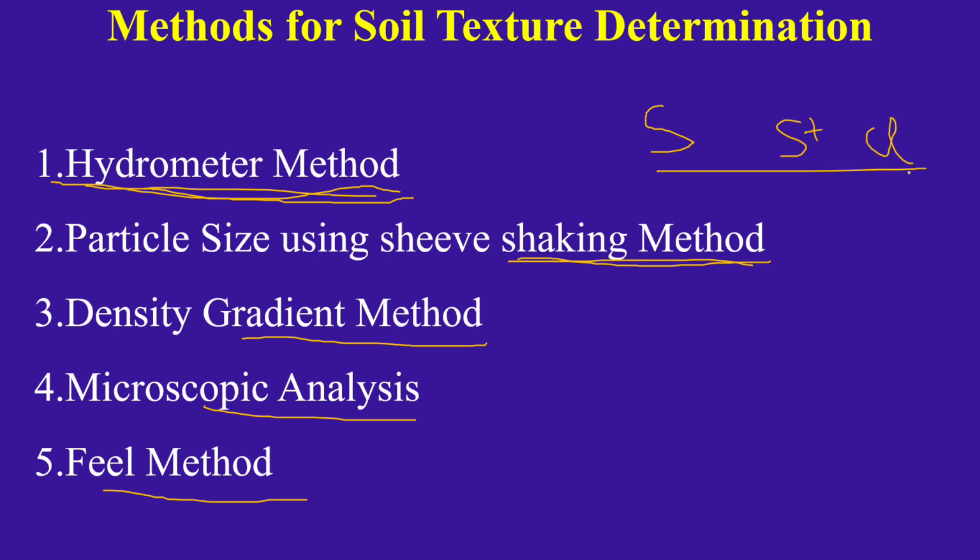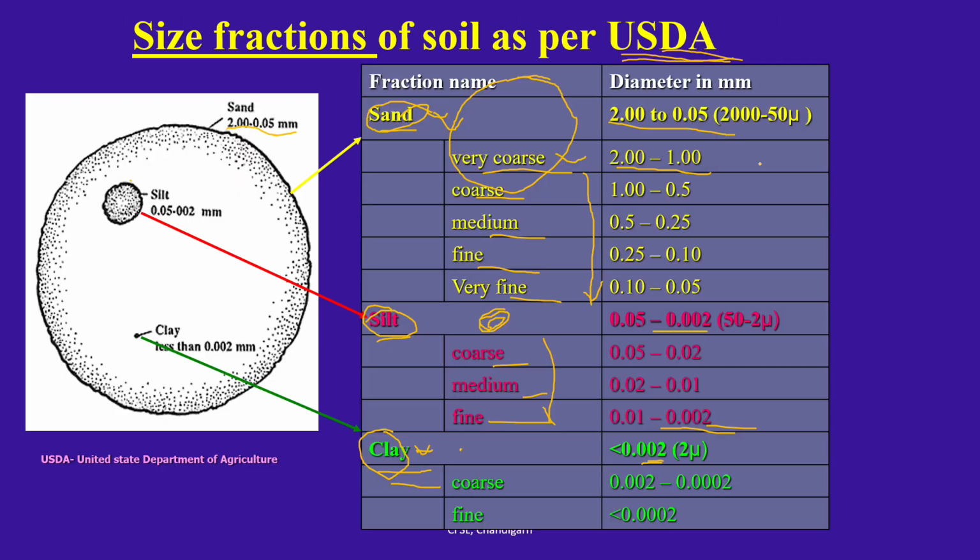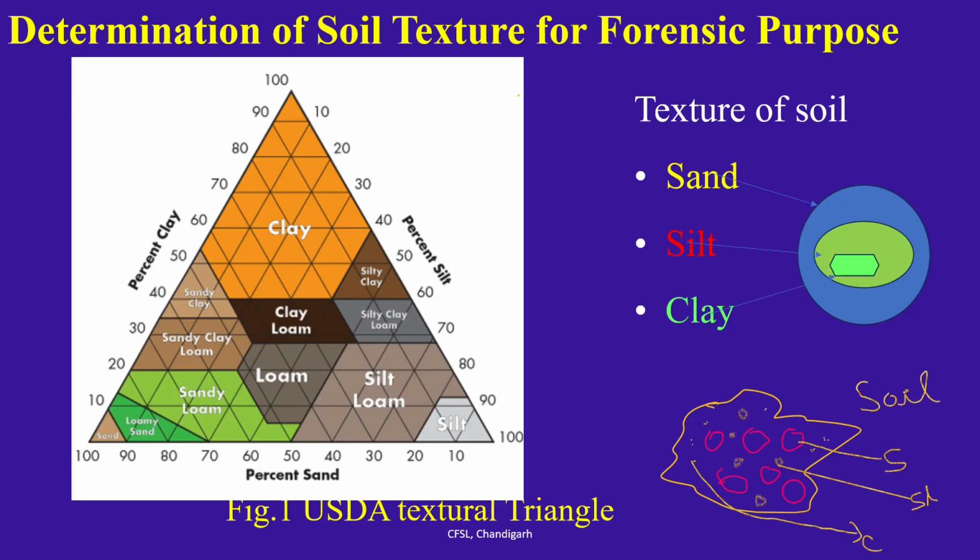In a separate video, I will describe how these methods can be used for determination of these three constituents. In this video, I have only tried to describe how this soil triangle can be read if we know the percentage of sand, silt and clay using the prescribed methods.